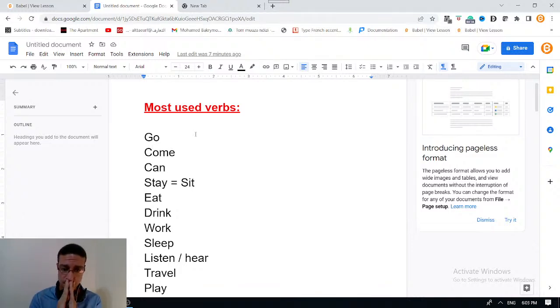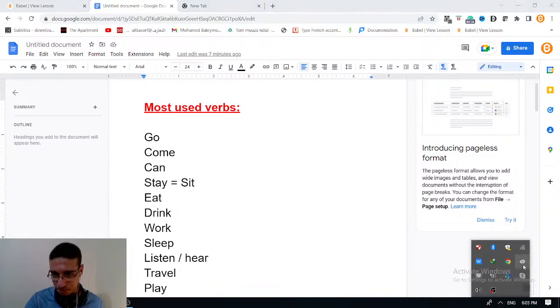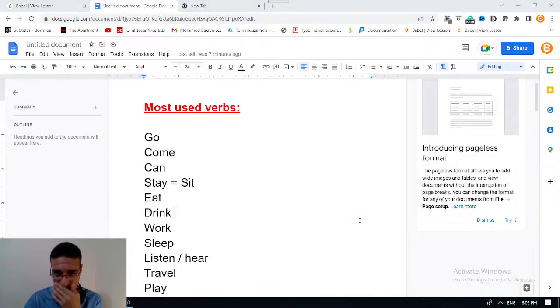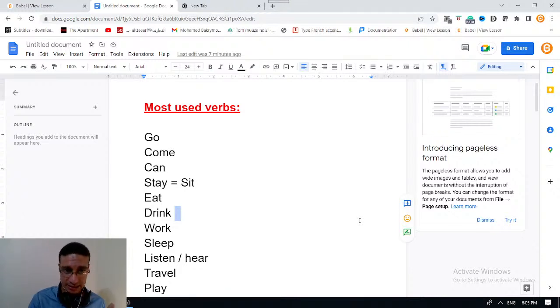So in today's class we will be just trying to conjugate the most used verbs in both the past tense and the present tense. In the previous 3 lessons we learned how to conjugate verbs in the past tense and in the present tense. So now we will just try to practice this.